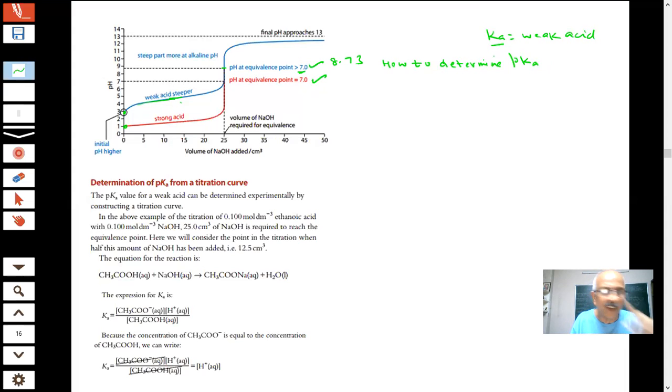What is the formula of Ka? For CH3COOH aqueous, what happens when it dissociates? We have given CH3COO- aqueous and H+ aqueous. We have given the formula of Ka on the last page. How to calculate Ka? Got it?